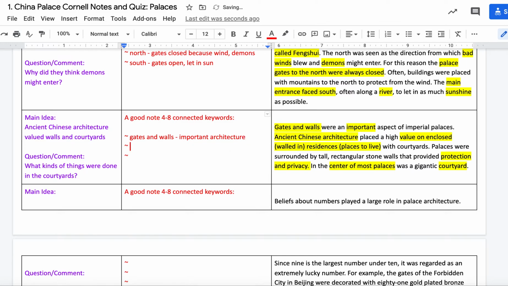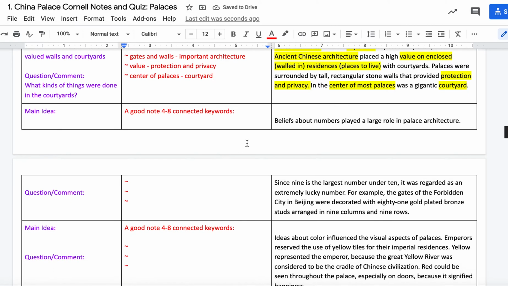And I would say the value was for protection and privacy. And then I would say in the center of palaces, there was a courtyard. All right. Let's go on to the next paragraph.